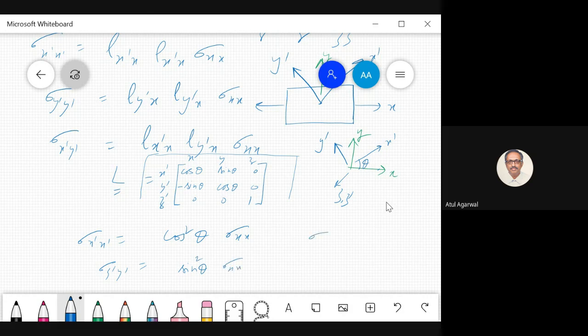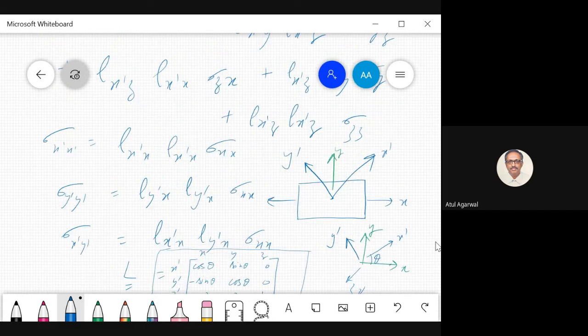What is my sigma x prime y prime? L x prime x is cos theta. L y prime x is minus sine theta. You see that? So you are getting this answer.